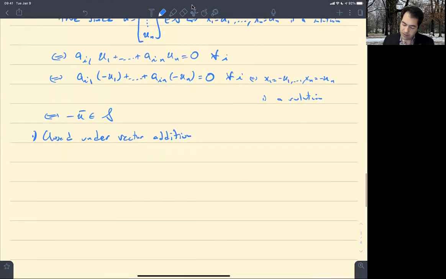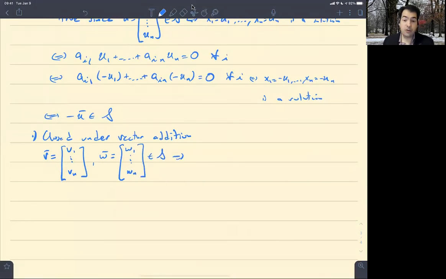Let's say that the vector v with entries v1 through vn, and the vector w, are both in S. Then we know that ai1 v1 plus ... plus ain vn is equal to 0 for every i, and ai1 w1 plus ... plus ain wn is equal to 0 for every i.